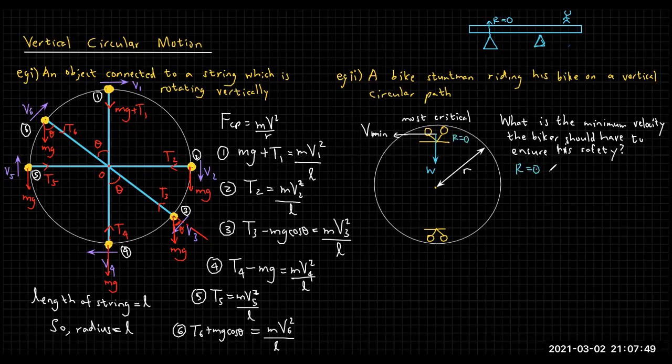R is 0 at maximum height, when velocity is minimum. When velocity is minimum, the bike will be at the verge of losing contact.